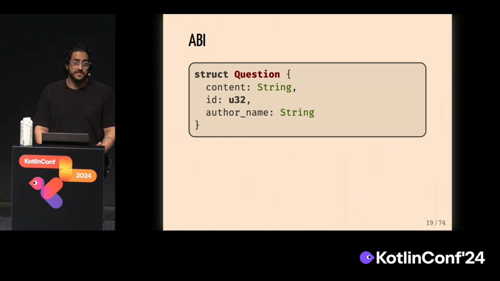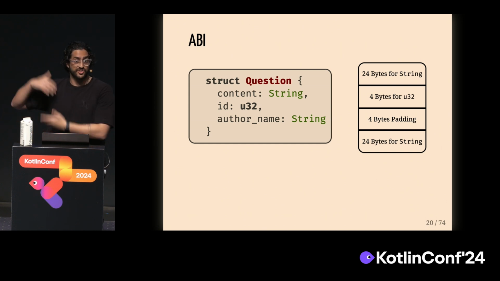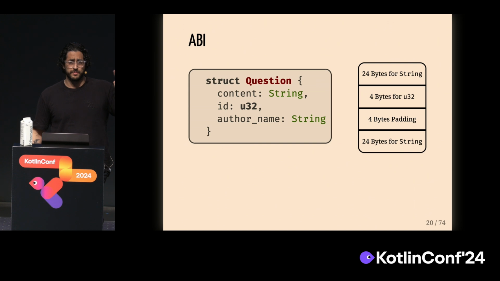So what we're going to look at next is how that maybe gets laid out in memory. Again, maybe. Remember, those ABIs are just contracts. As long as they're enforced by the compiler, they're good. It may be laid out a completely different way. So you'd have, for example, 24 bytes for the string. If anyone's curious, strings in Rust are 24 bytes because there are 3 values, a pointer and 2 numbers. And then you have 4 bytes, for example, for your 32-bit number.